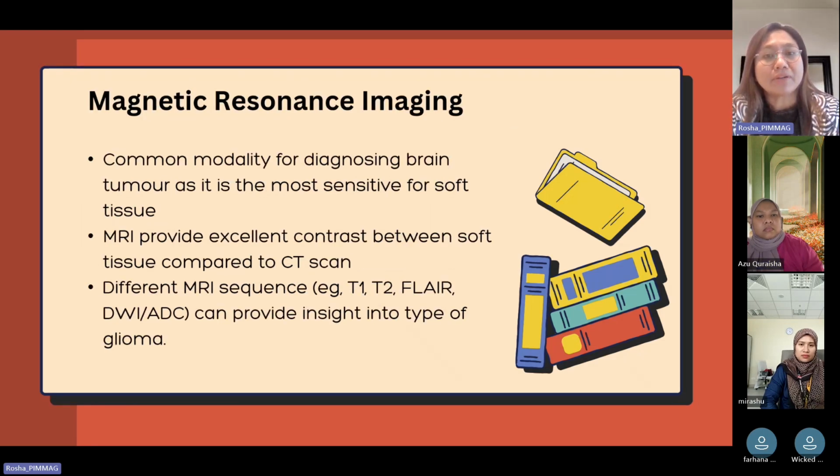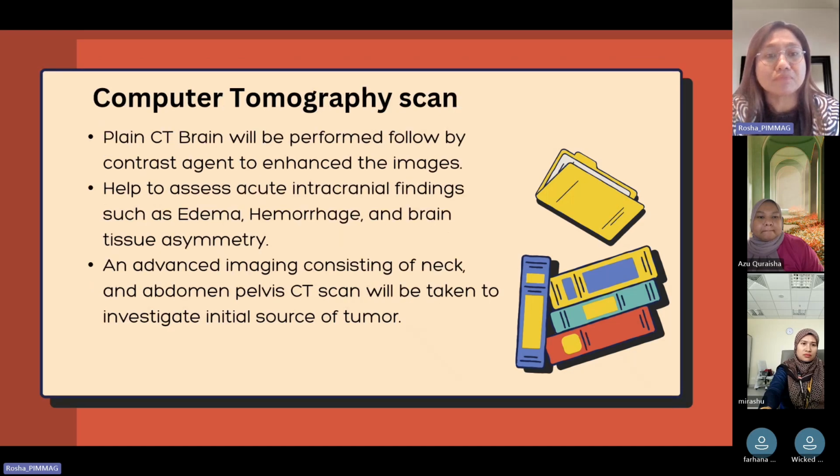MRI is a common modality for diagnosing brain tumor as it is the most sensitive for soft tissue. MRI also provides excellent contrast between the soft tissue compared to CT scan. The different MRI sequences, for example T1, T2, FLAIR, DWI, ADC, can provide insight into the type of glioma.